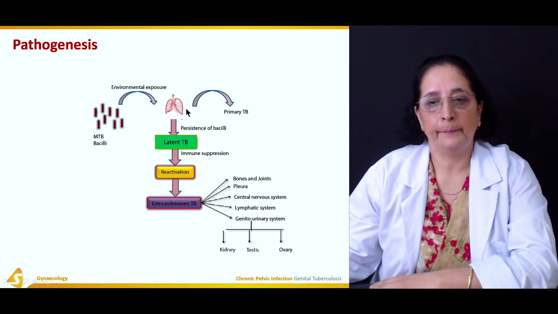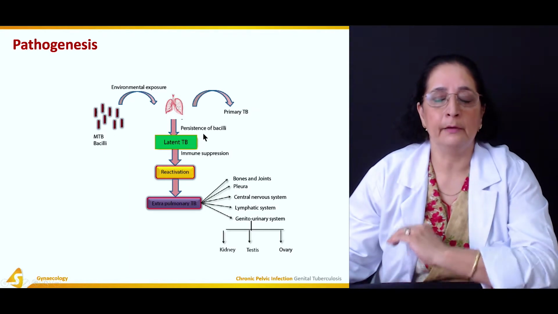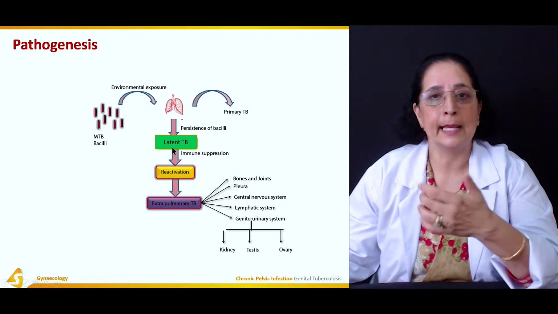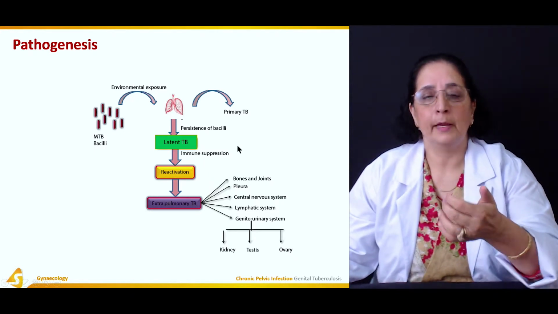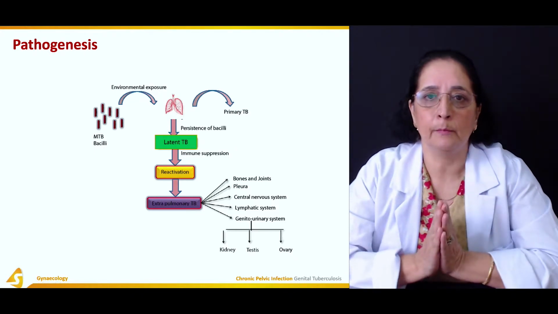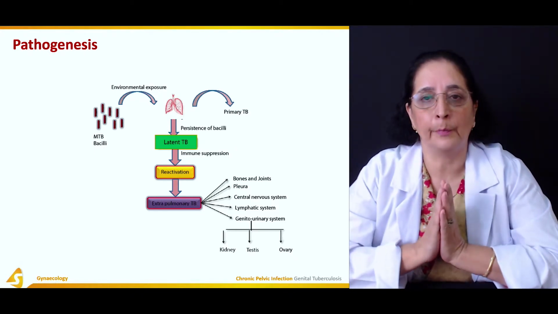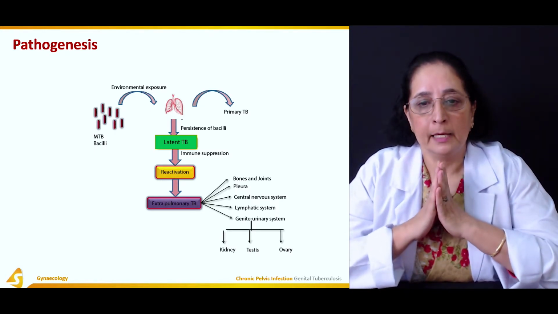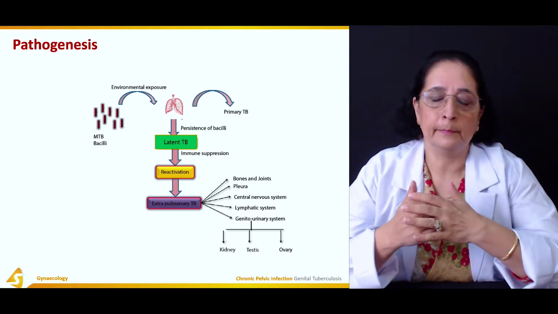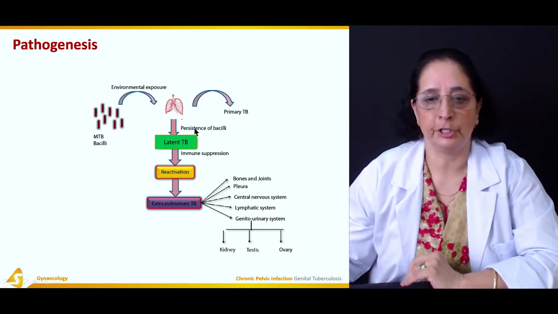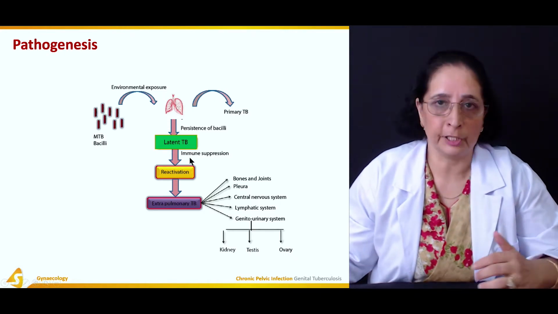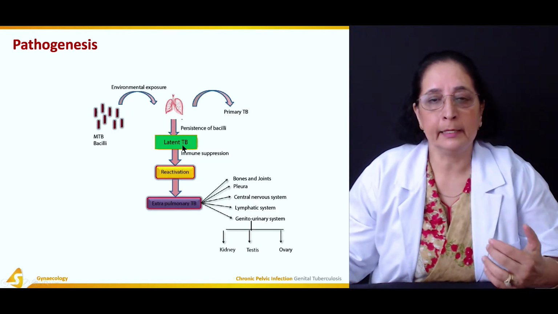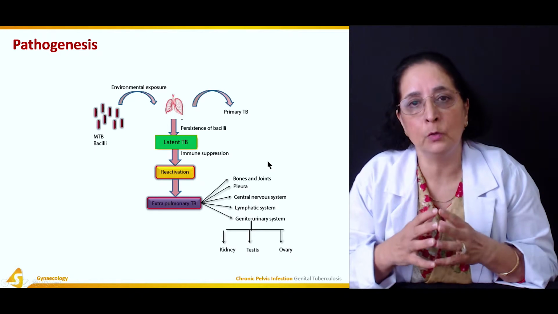Then if there is persistence of bacilli, if there is no treatment or the treatment is not properly done and the bacilli persist, it can lead to latent TB. Then in some patients, if there is immunosuppression, some chronic infection, cancer, or HIV, that can suppress the immune system.